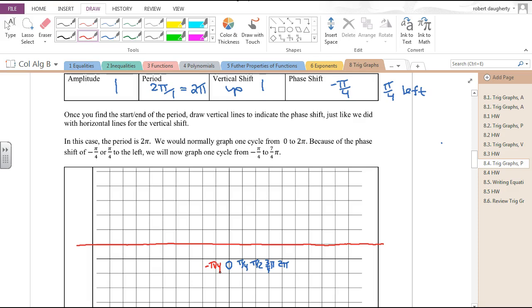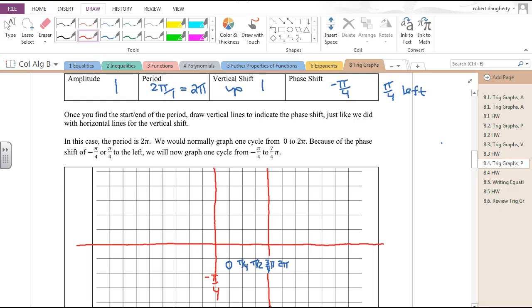Let me write that a little bit better. So what's going to happen here is my graph is going to start right here. And instead of ending at 2 pi, it's going to end where? Yeah. So I'm going to graph in between there and there, okay?